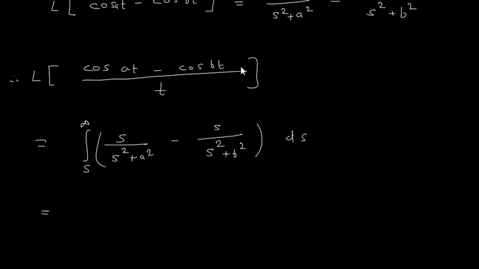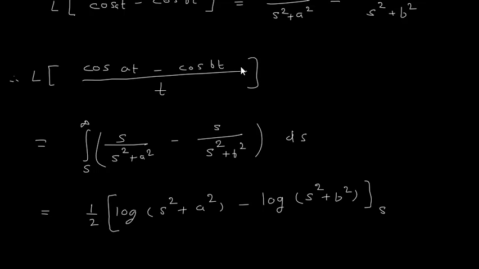Now to integrate it, the derivative of s square plus a square is 2s. So I will multiply and divide by 2. So here I will get 1 upon 2 log of s square plus a square minus 1 by 2, so this 1 by 2 we can take common, log of s square plus b square, and the limit is s to infinity.